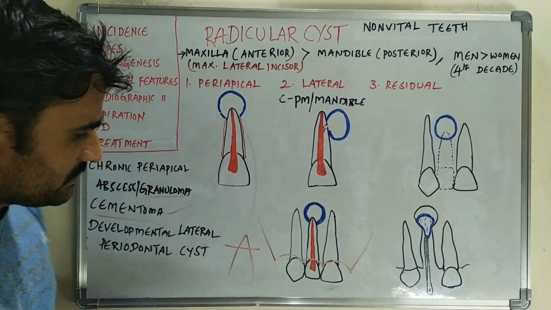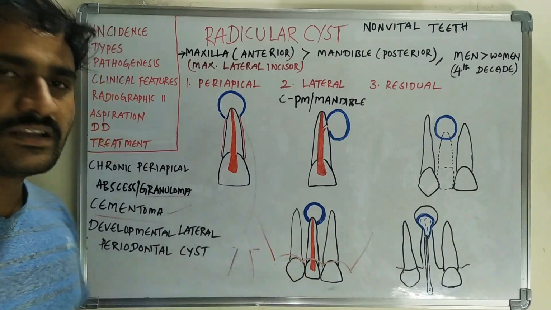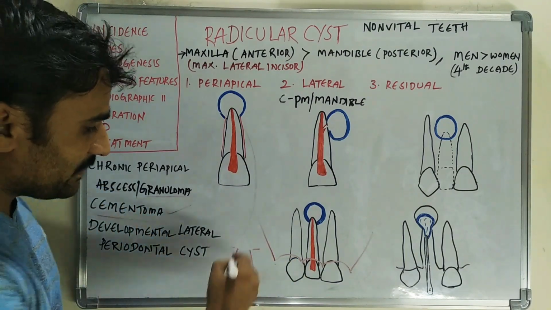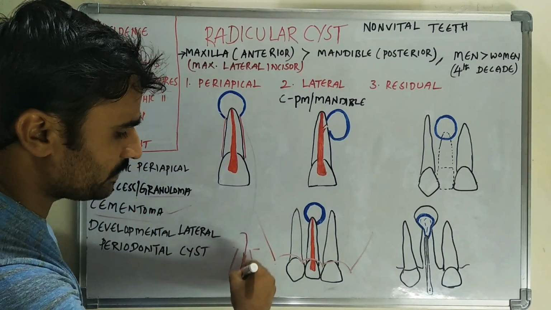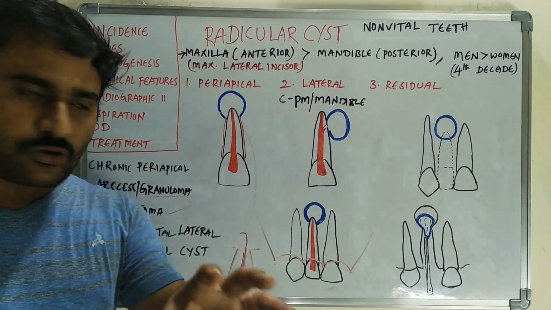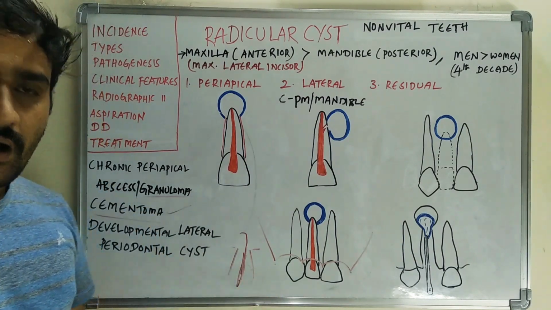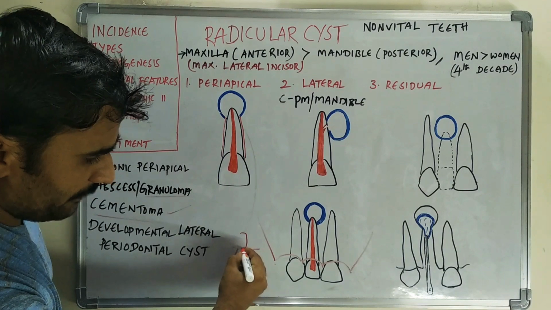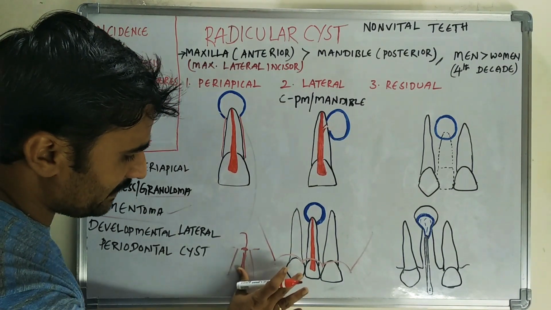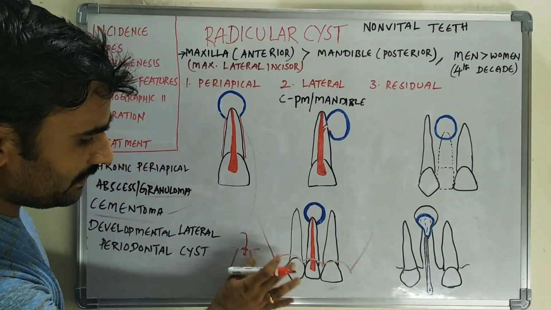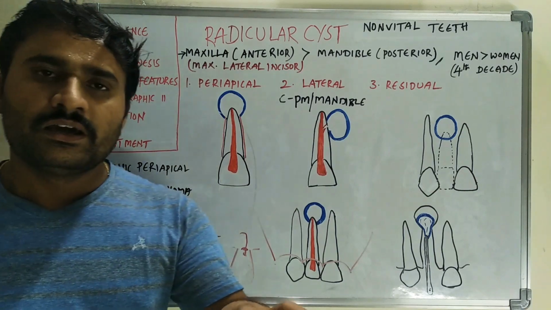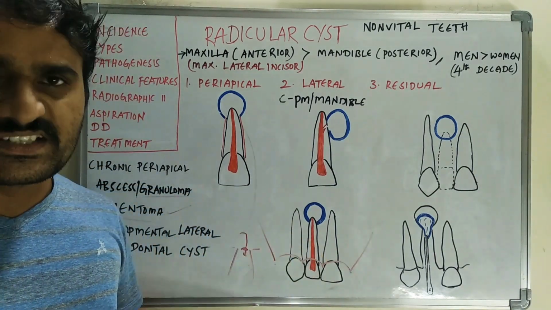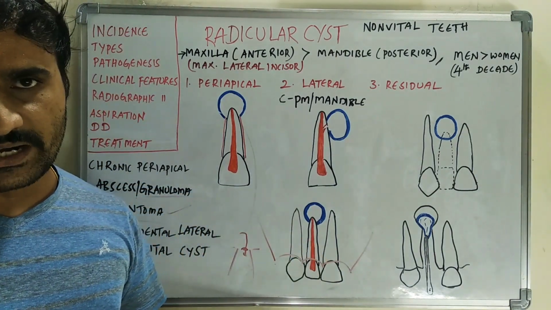The apical third of the root is removed. That is why it is called apicectomy. And a retrograde filling is done in the canal orifice, not the entire canal. Only at the canal orifice you are going for retrograde filling. That is simple. Apicectomy, right?